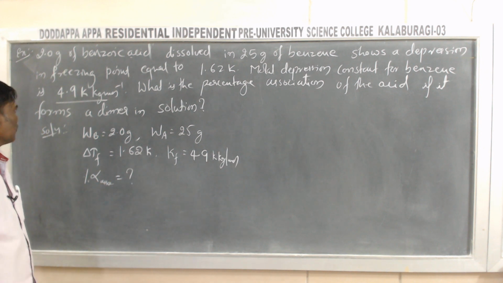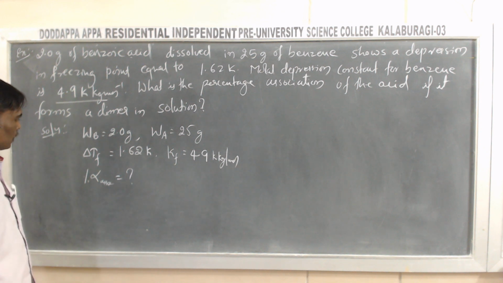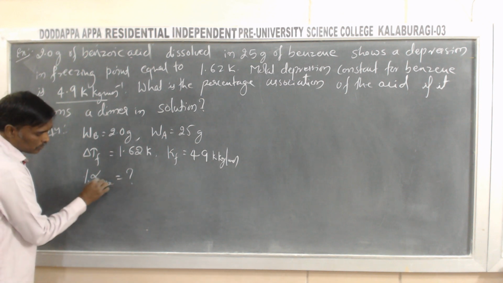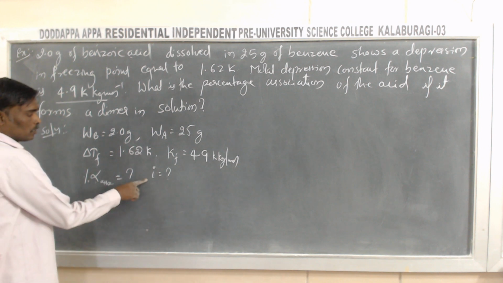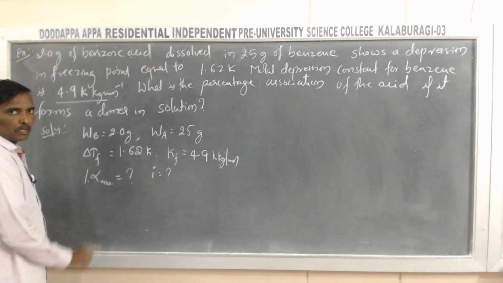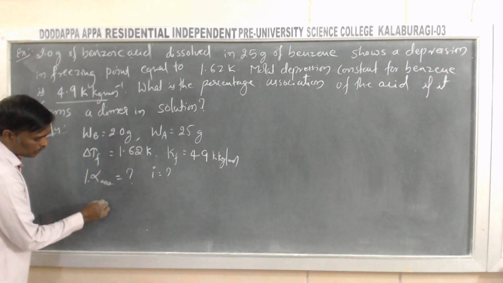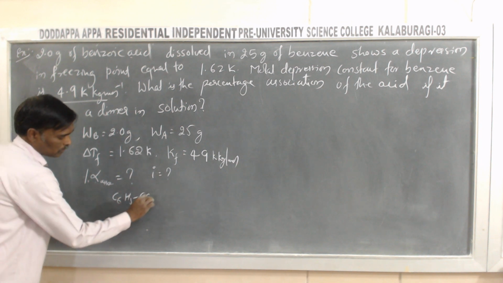So here it forms a dimer. Okay, so now first, for this alpha, I need the i value, i equal to question mark. Only then can I calculate alpha, if I know the i value. So the van't Hoff factor. The benzoic acid formula is C6H5COOH.